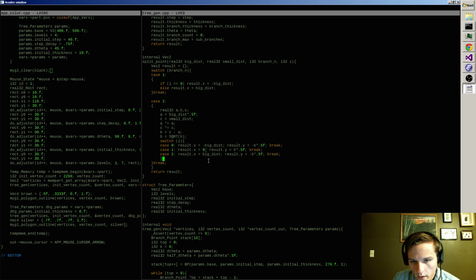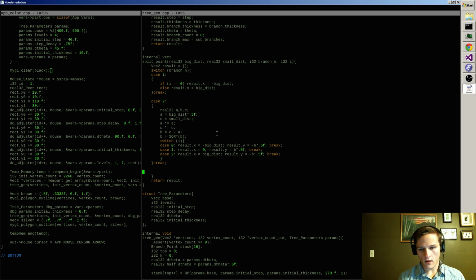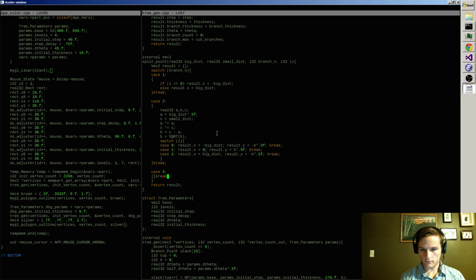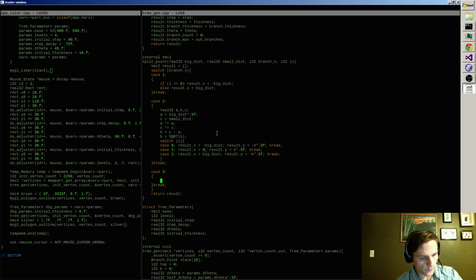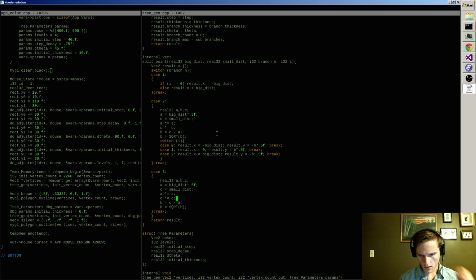Alright, so case 3. This one's even harder. Let me see if I can remember what I got to do. It's similar in that it's just a Pythagorean theorem, it's just the hard part is getting A is even worse.